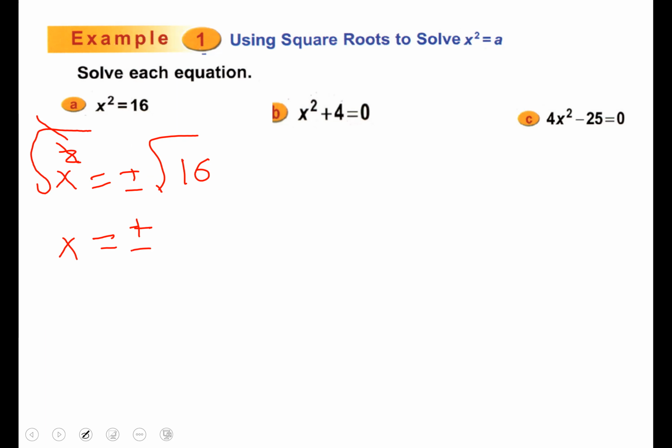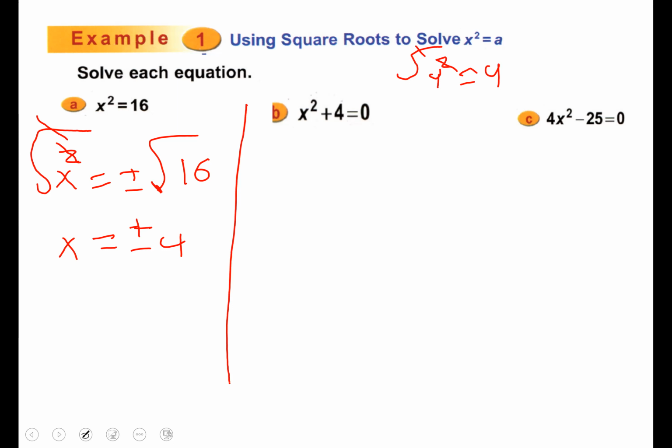It means plus or minus. The square root of 16, guys, you know, equals what? Equals square root of 4 to the power of 2. You can cancel out the power of 2 with the radical expression. The result is 4. And that's why square root of 16 equals plus or minus 4. That's all for letter A.